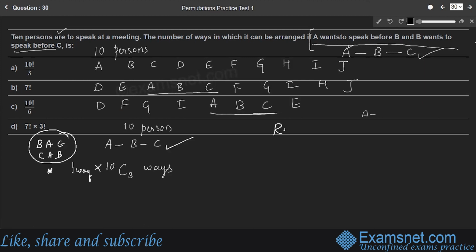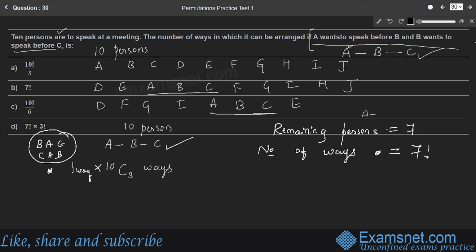The remaining persons are 7 persons. So in how many ways can the arrangement of 7 persons be done? In factorial 7 ways. So the number of ways the arrangement can be done is equal to factorial 7.